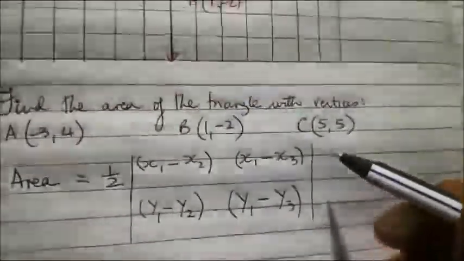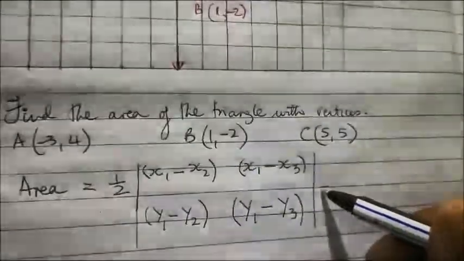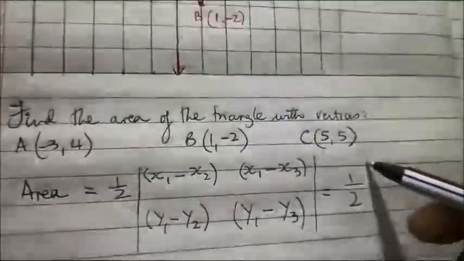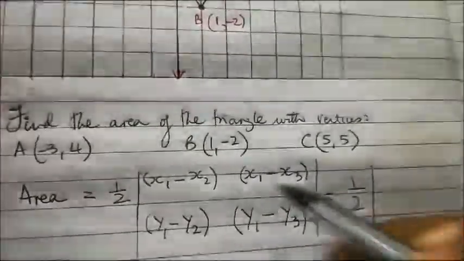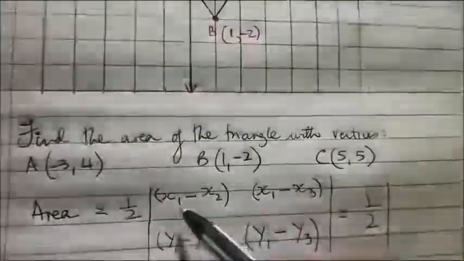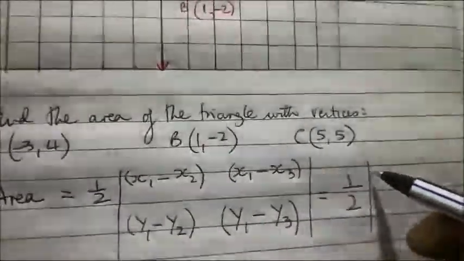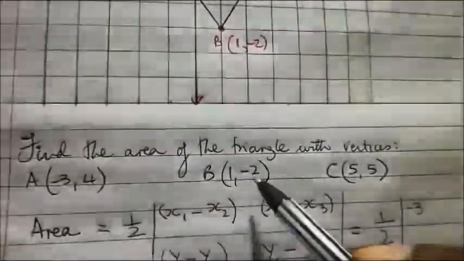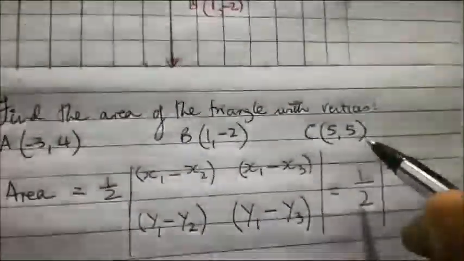And of course, when we put in the values, we're going to be getting half of this determinant. So we're going to work out the values for this now. So x1 minus x2, x1 is -3, and x2 is -1.